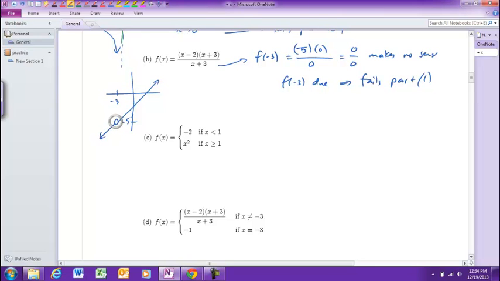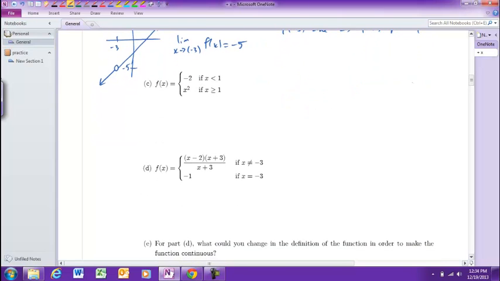The hole is very small though, so it doesn't show up on the graphing calculator. And what's interesting about this is the limit as x approaches -3 of f of x. According to our graph, it looks like our y value is going to -5 from both sides. So the limit actually exists. So it satisfies part 2, fails part 1, so it's discontinuous.